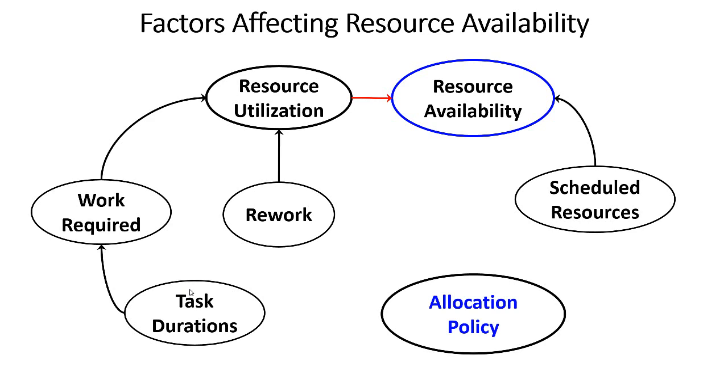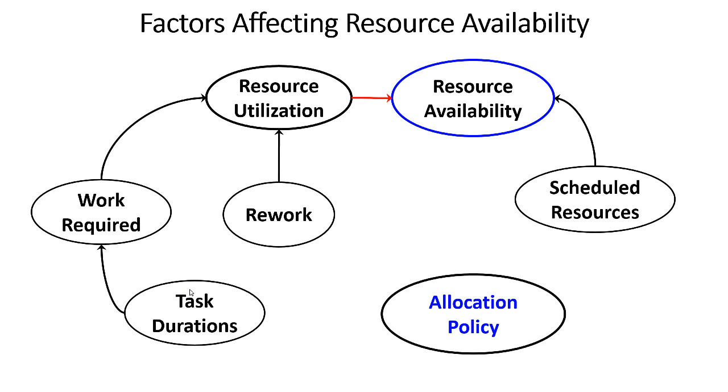Now here's a very important component that we're going to spend a fair bit of time looking at later in this demonstration, and that's allocation policy. And by this I'm really talking about resource allocation policy, as it ultimately relates to resource availability.